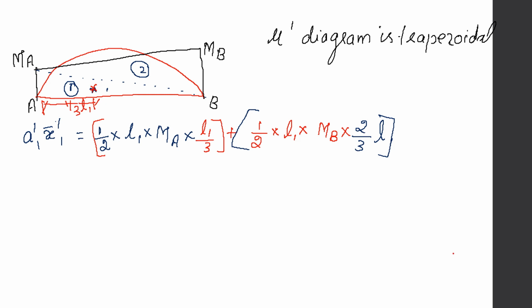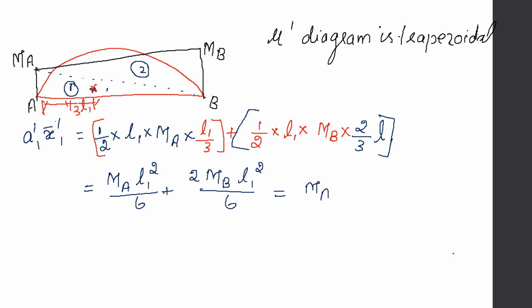So now what we get is MA into L1 square by 6 plus 2 MB into L1 square by 6. That is nothing but (MA plus 2 MB) into L1 square by 6.